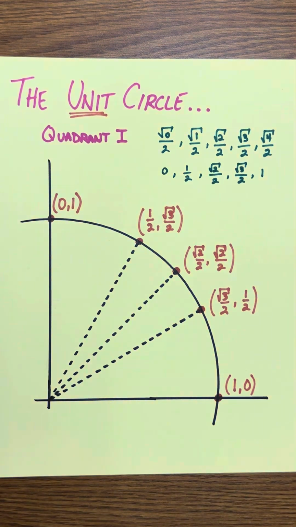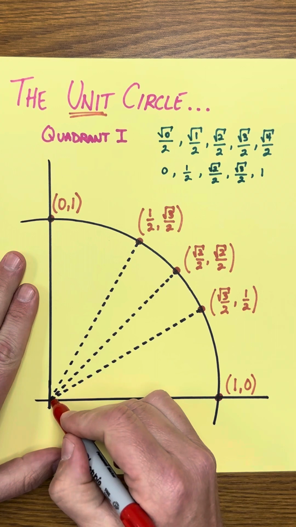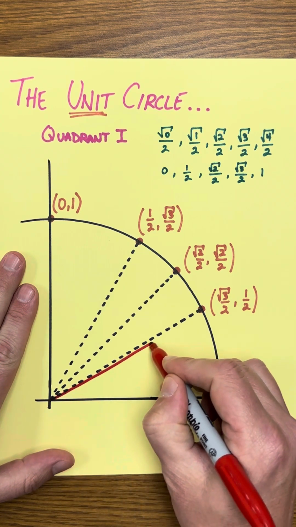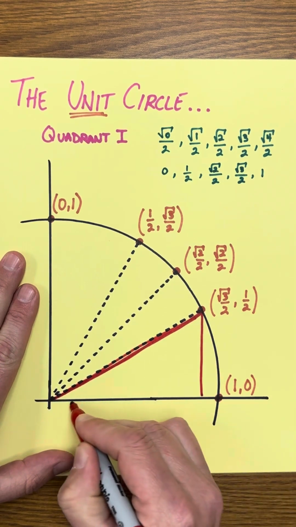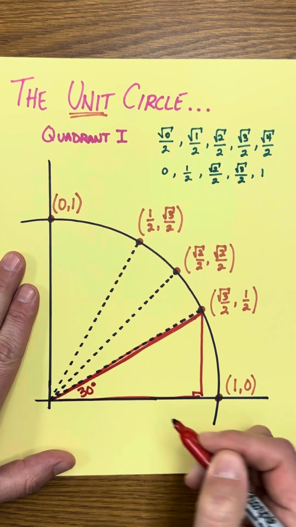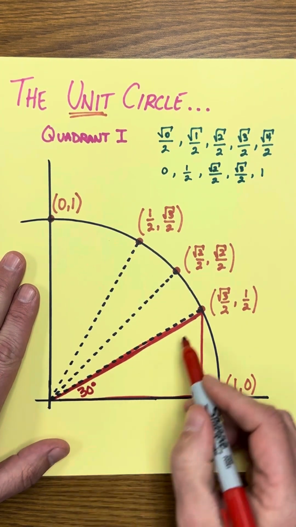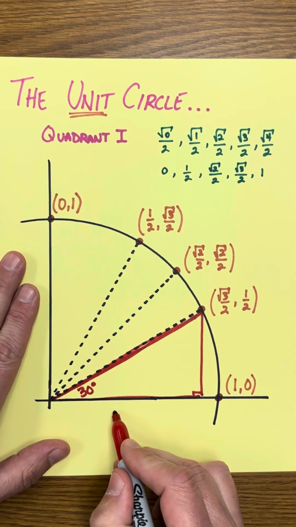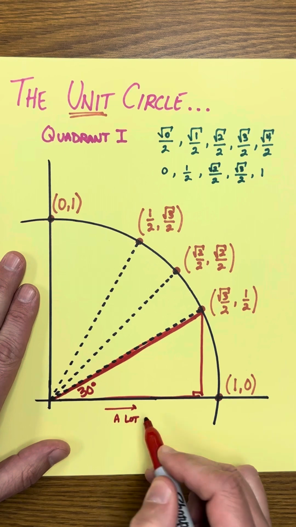The other way that we can do it, I've had a lot of students do this with success in the past. Let me trace out this right triangle. Okay, so that's our 30-degree angle right triangle. And in this triangle, to get to this point, we have to go over a lot.